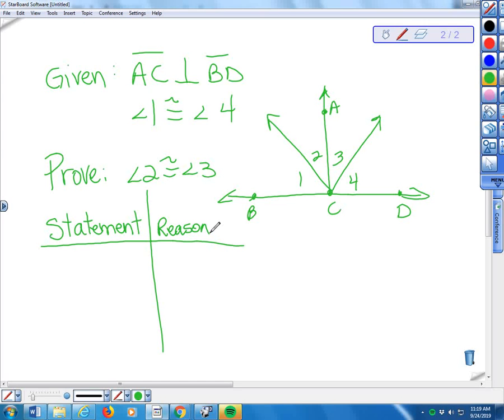We know AC is perpendicular, so I'm going to go ahead and mark my drawing. I know that's true. I know 1 and 4 are equal, even if they don't look it. Most of the time with a proof, you're going to have to use what you're given at some point. They gave you that they are perpendicular for a reason.